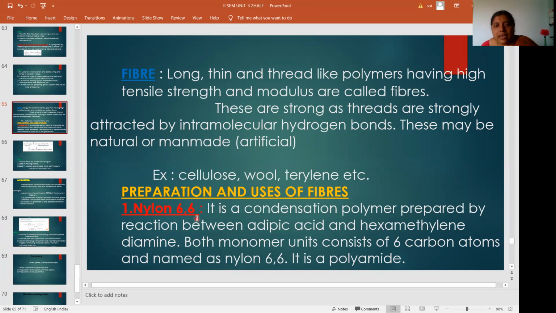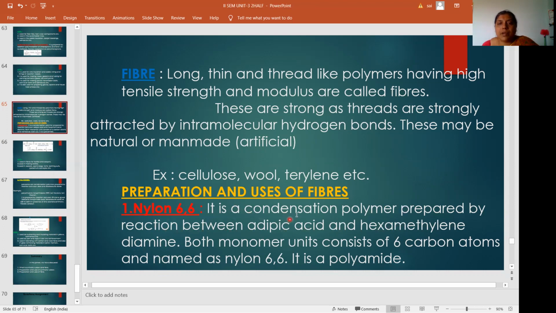So first one is nylon 6,6. Already we studied this example in condensation polymerization, because this is prepared by condensation polymerization. So it is a condensation polymer prepared by reaction between adipic acid and hexamethylene diamine.